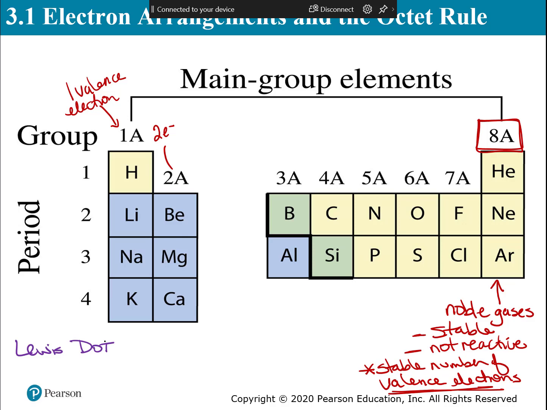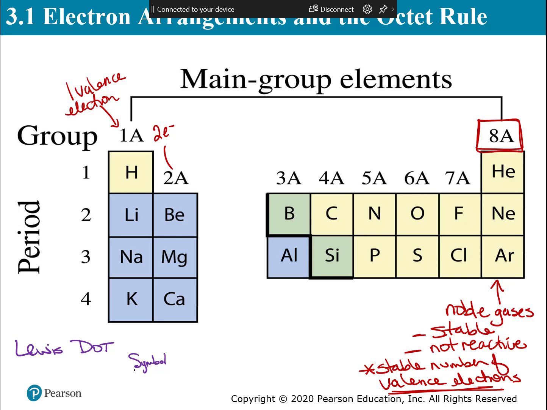So one way of trying to illustrate the number of valence electrons is they use what's called Lewis dots. For the Lewis dot, you always put the symbol in the center, and then you put one dot to represent each valence electron. You could have a maximum of 8, right? Because that's what the noble gases have.